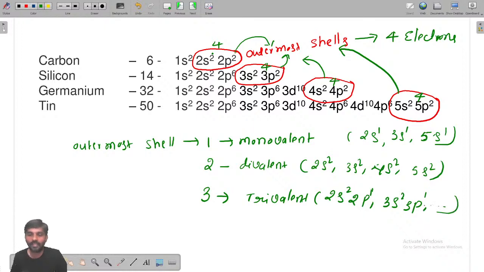So like this. If in the outermost shell you have 4 electrons, what do we call it, sir? Tell me. Monovalent, divalent, trivalent? This you should tell, sir.